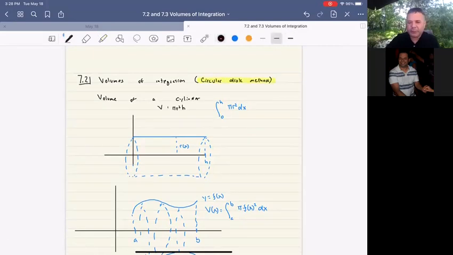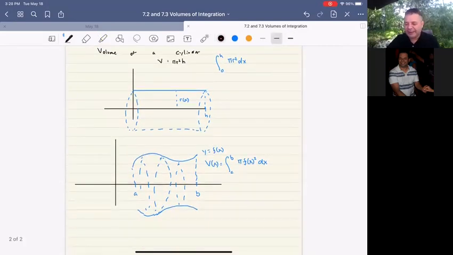Okay. And so one of the things I want you to notice is that our integral is happening along the axis that we are rotating around. So our axis that we rotate around is, let's call it, yeah, it's the x-axis, okay? And so we're integrating along x, okay?